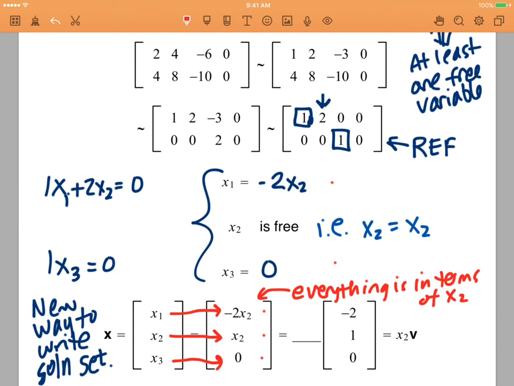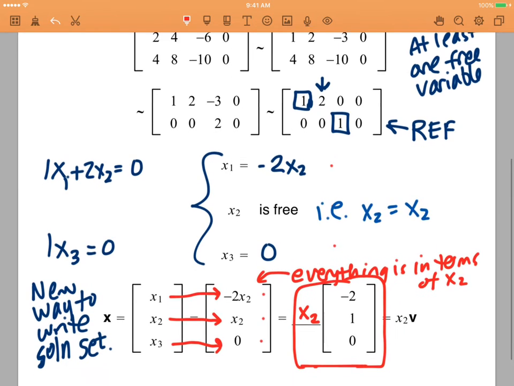So we can pull out the x2 and rewrite it as x2 times the column vector negative 2, 1, 0, which is x2 times a vector. In other words, our solution set is really a vector times x2. So that is the new way. This is really the most useful way of writing it.